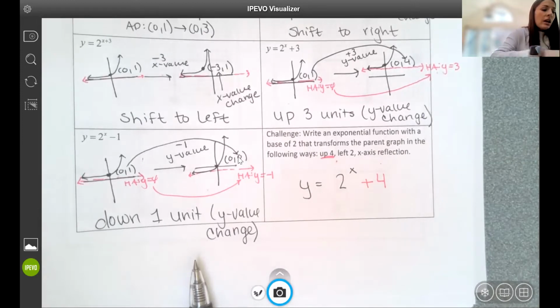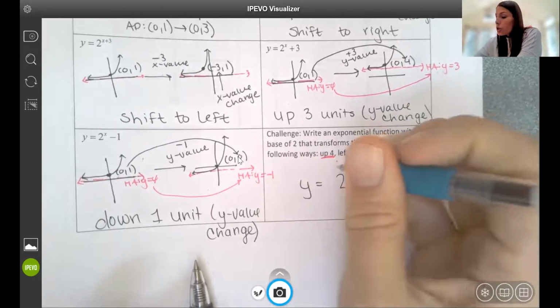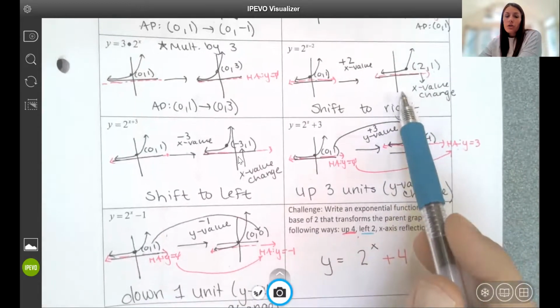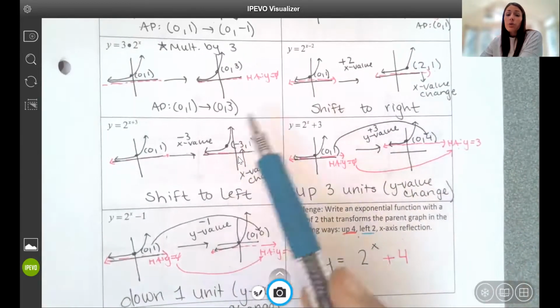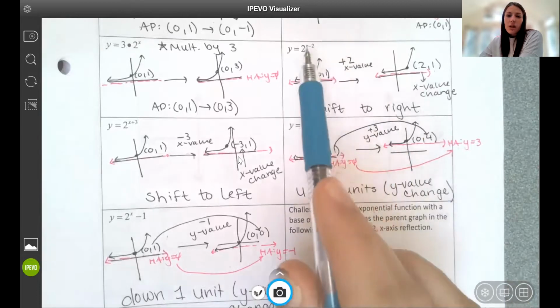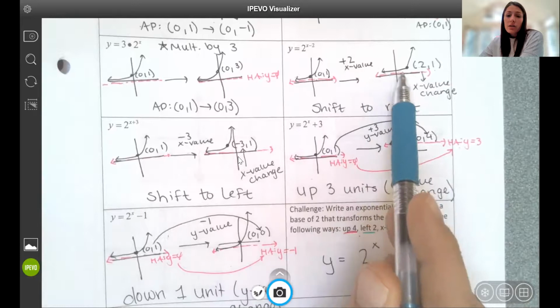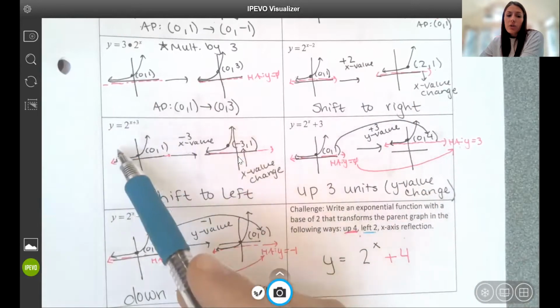If I want to go left 2, well, our right-left change is right here. And remember, it was kind of opposite, right? So when I subtract 2, I actually go +2. If I add 3, I actually go -3.